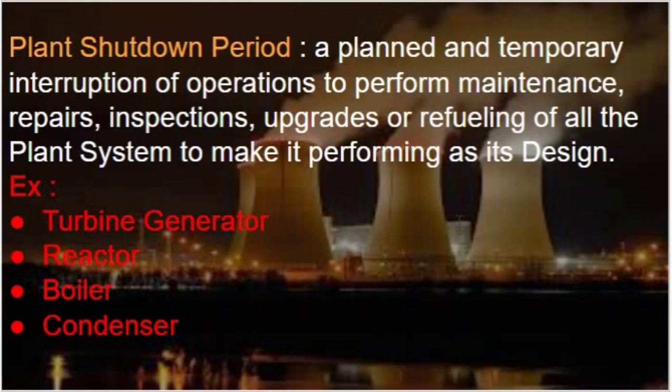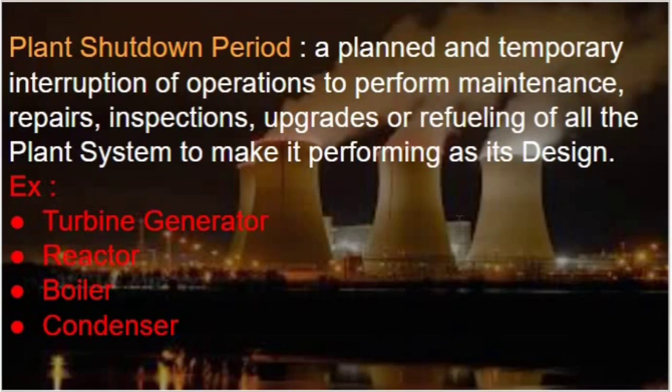We are checking whether all the plant systems, equipment and machines are running correctly as per their design, meaning their functionality is working in a correct way or not. That's why we shut down the plant to check, repair and inspect all the systems.